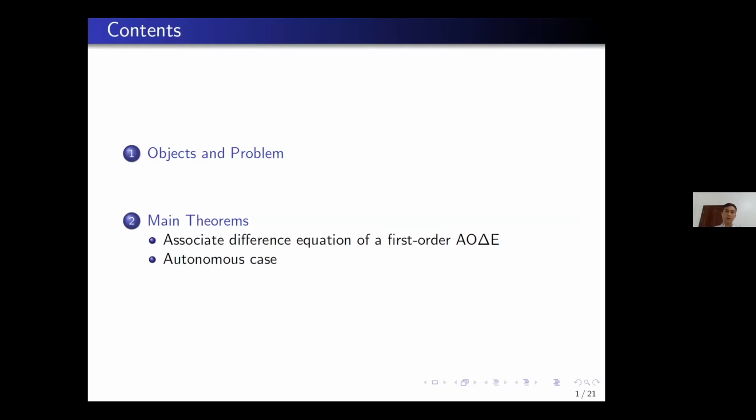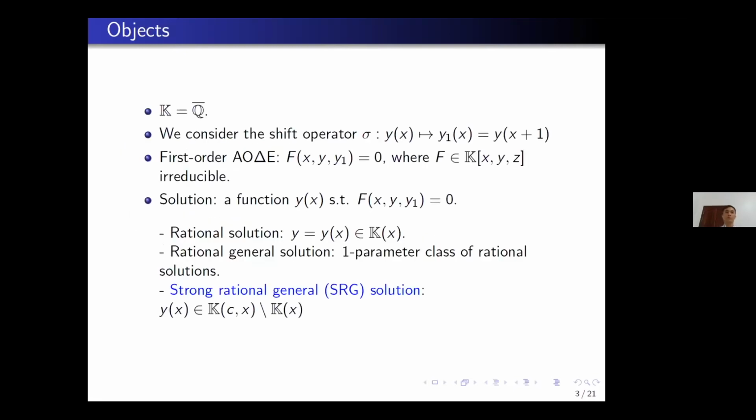And the second smaller part is devoted to a complete algorithm for the autonomous case. And in the end, I will explain why the idea doesn't work for the non-autonomous case. Now let's go to the first part.